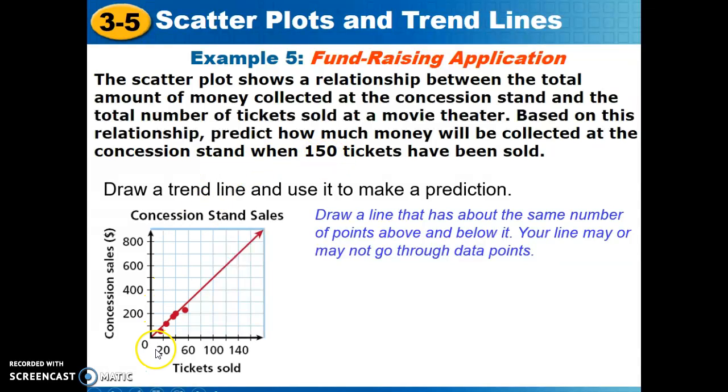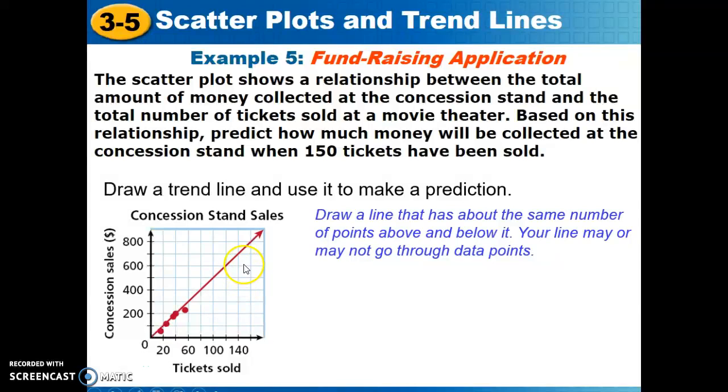Well, let's look at the tickets sold, 20 up to 60. We have data for a little less than 60. What we want to do is make a prediction. This is 100, 120, 140, 160. We want to make a prediction for 150.